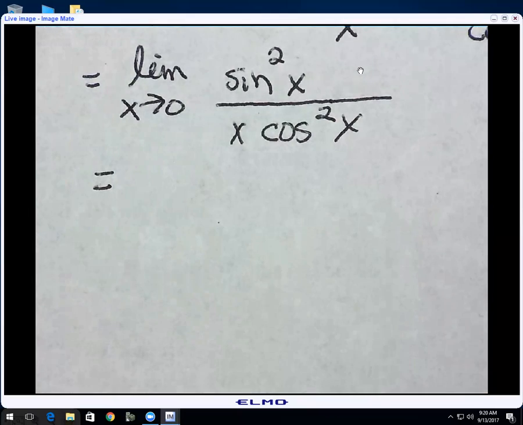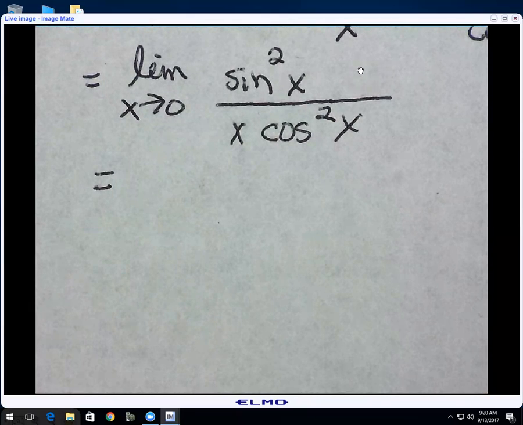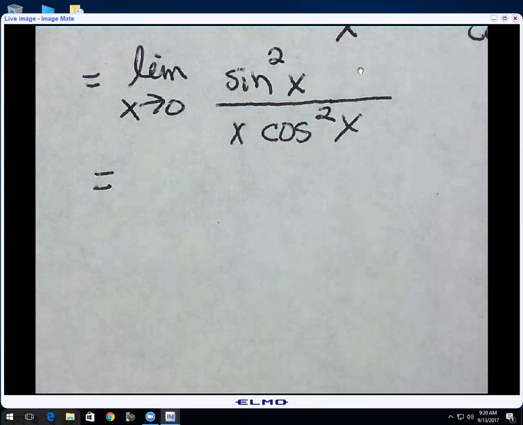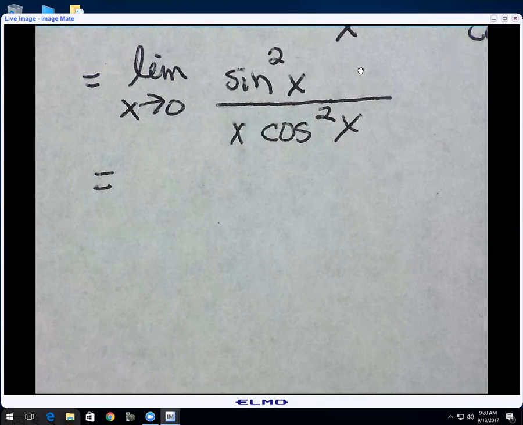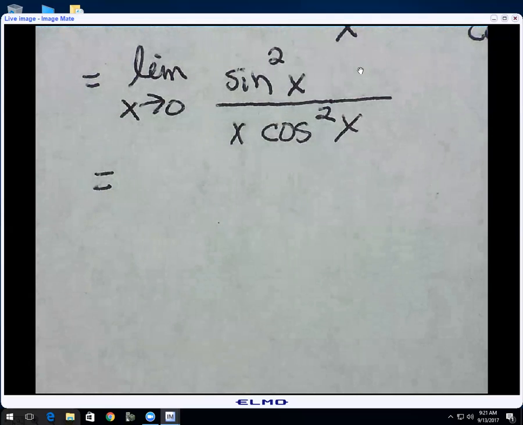And I keep looking at it and thinking, how close am I getting to one of those special limits? Do I see any way of separating that into something that's one of my special limits? Sine x over x and sine x over cosine squared x. Great job.